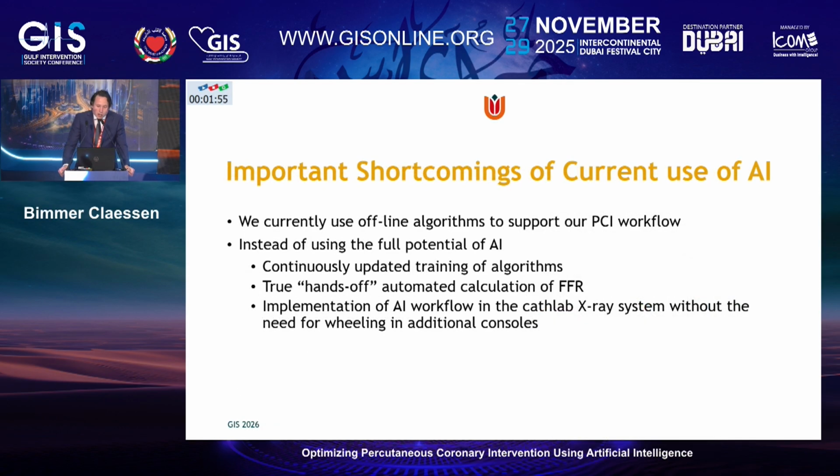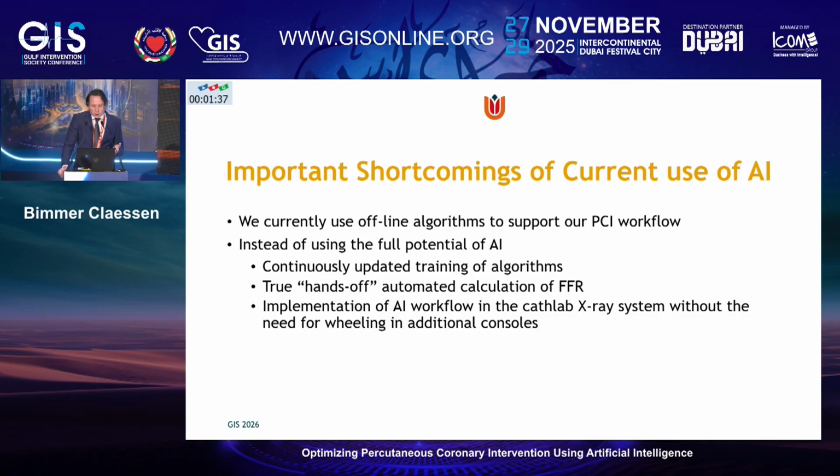We've touched on this, but there are important shortcomings of the current use of artificial intelligence. We don't so much use artificial intelligence. We use these offline algorithms to support our PCI workflow, but instead, we really need to use the full potential of AI.